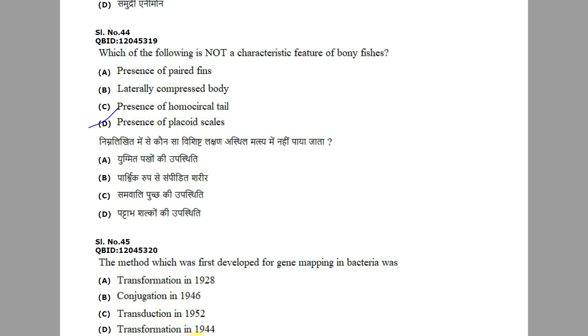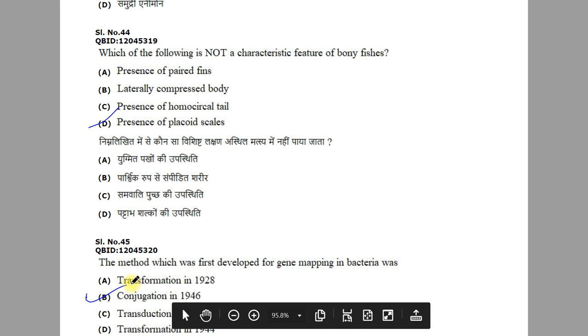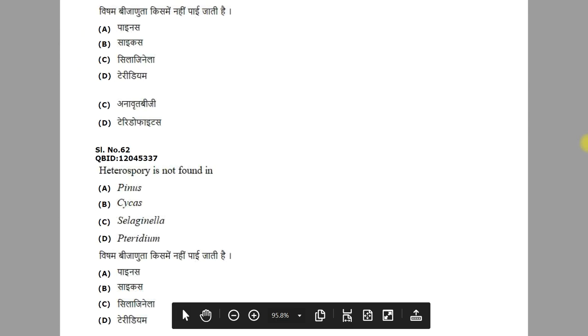The correct one is the B option, conjugation in 1946. These conjugations were performed by the interrupted mating experiments carried out by Wollman and Jacob. So the option B is correct here.